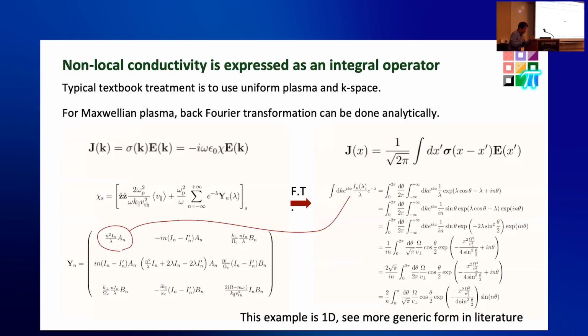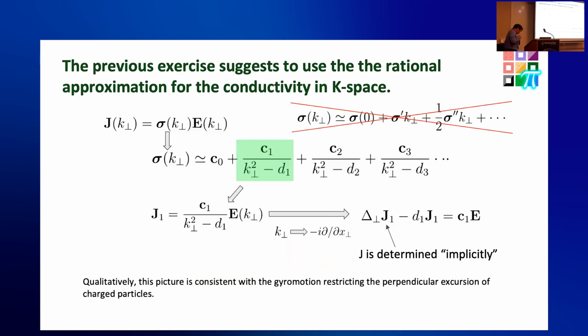so how do we do this non-local response model? So let's skip this slide because it's not necessary. What we found is, if we have conductivity, Ohm's law like this, then what we need to do is this sigma. Let's say K has a wave number perpendicular to parallel, but let's assume this is a function of K perpendicular. Then we expand this using a rational approximation like this.